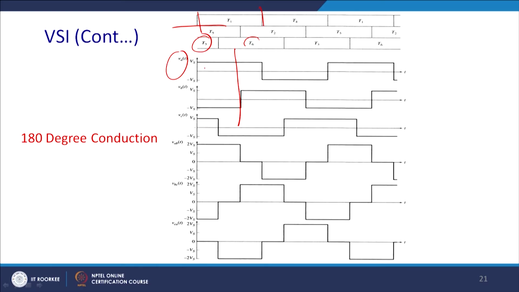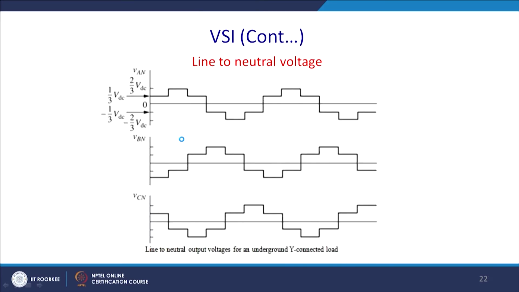Now, if you subtract these, you essentially get the line voltage VAB, that is 2 Vs, and it will be in steps. Similarly, it will be for BC and for CA, with the same phase shift relations. So, these are 3 line voltages and these are 3 phase voltages.